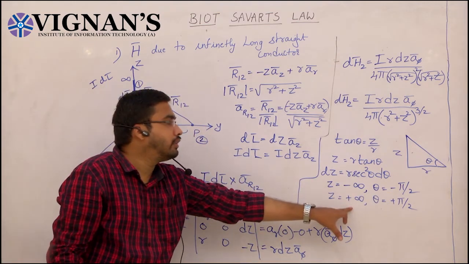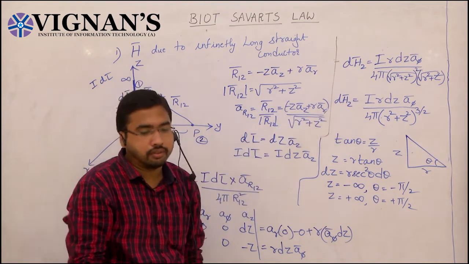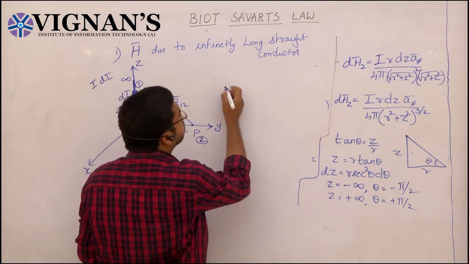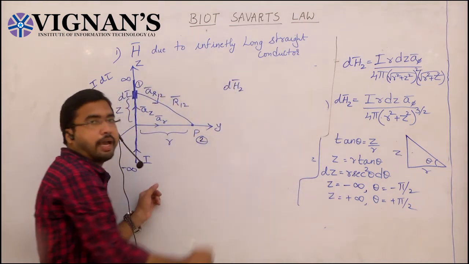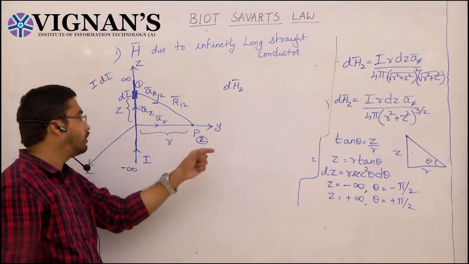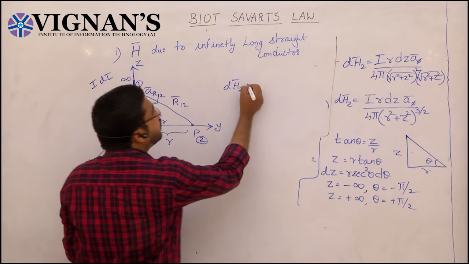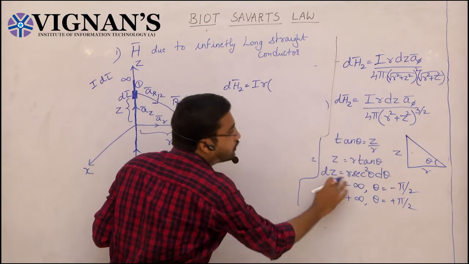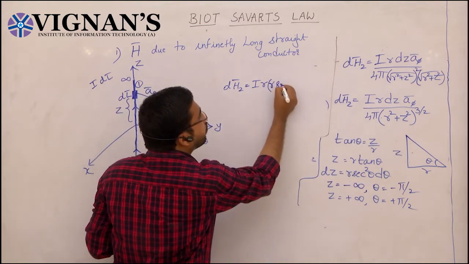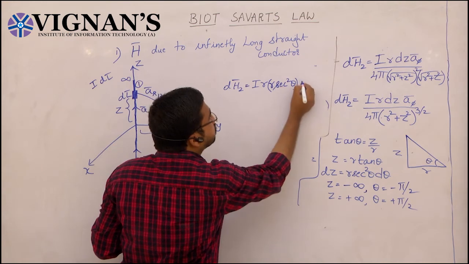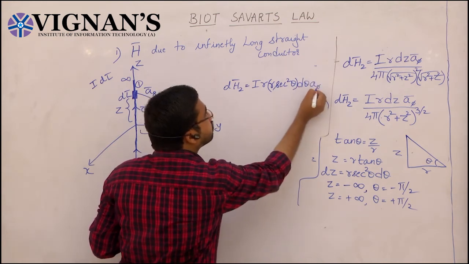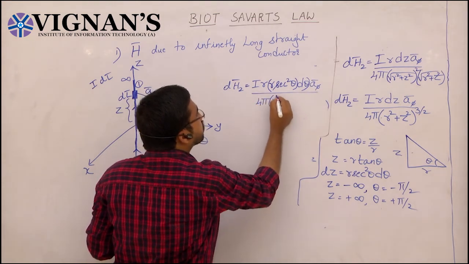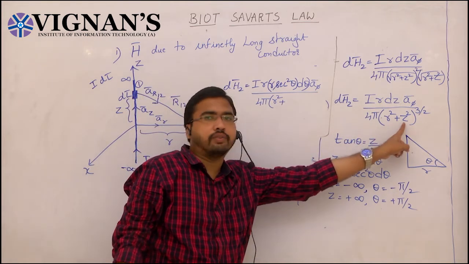Okay. After substituting these limits in this expression, this formula will be further improved. Now take that expression dH2, differential magnetic field intensity at this point 2. At this point 2 is given by dH2 is equal to I into r into, in the place of dz, what we can write? R secant square theta d theta into a phi divided by 4 pi into r square plus, in the place of z, what we can substitute?